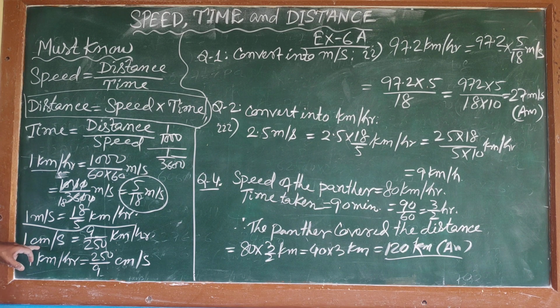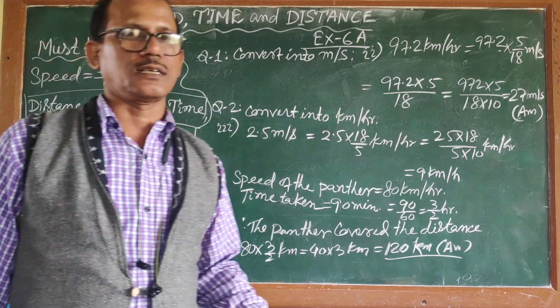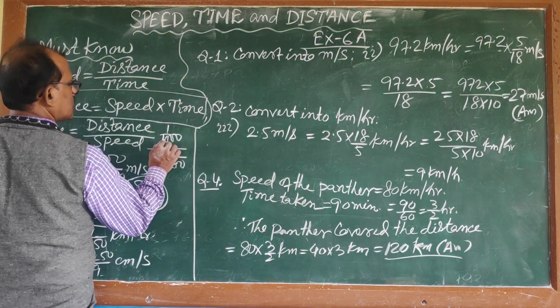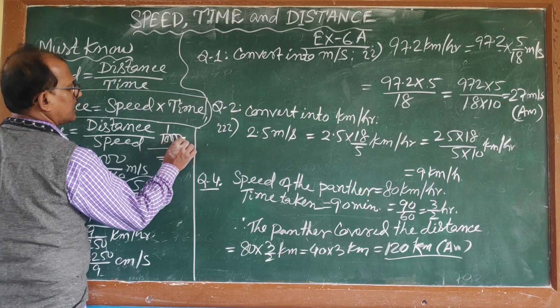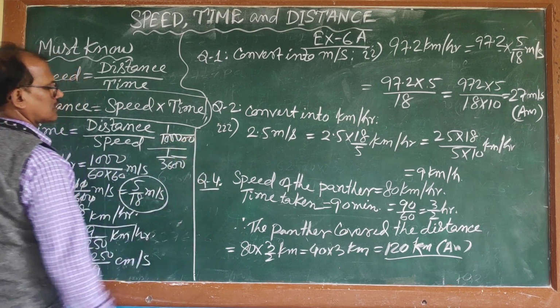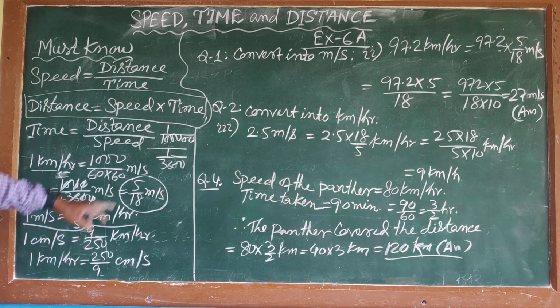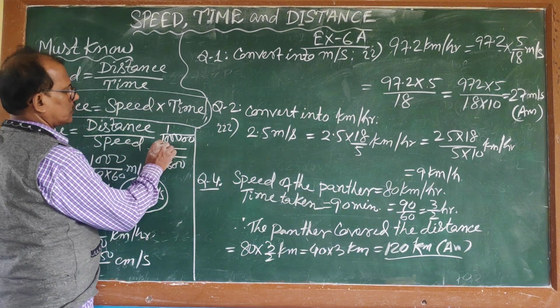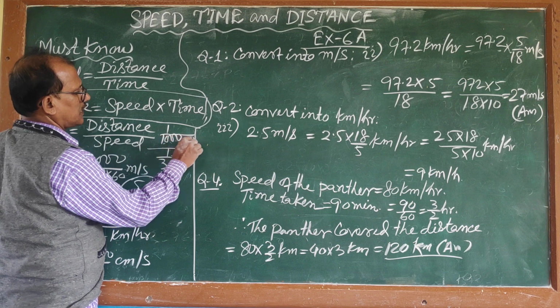Centimeter means it will not be 1 by 1000. 1 kilometer is equal to how much centimeter? 1 kilometer is equal to kilo, hecto, deca, meter, deci, centi. This much centimeter.